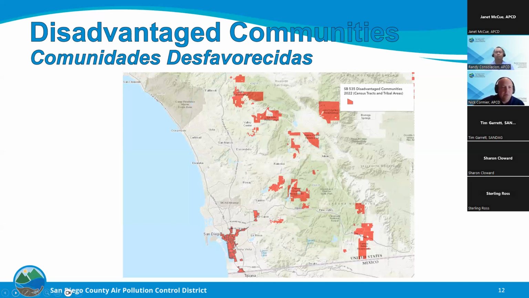These include neighborhoods in the Portside community, parts of Chula Vista, communities around the Interstate 15, Interstate 805, State Highway 94 corridors, as well as East El Cajon and parts of San Ysidro. Next slide, please.